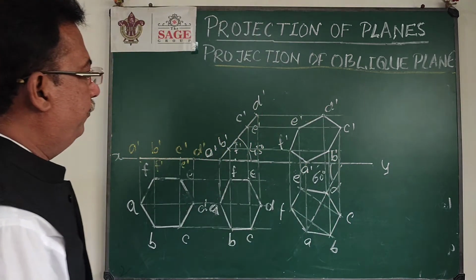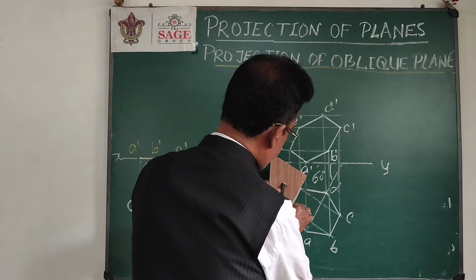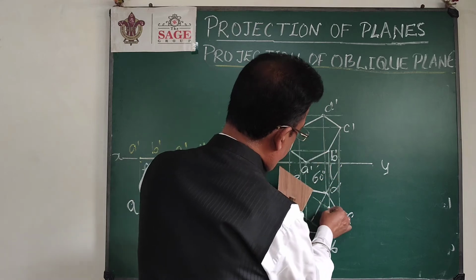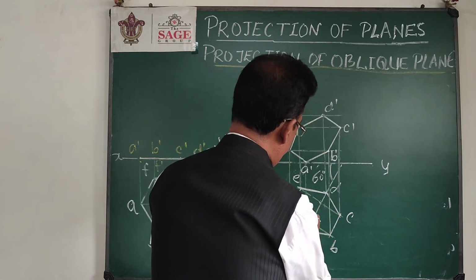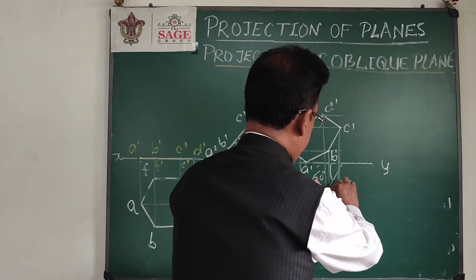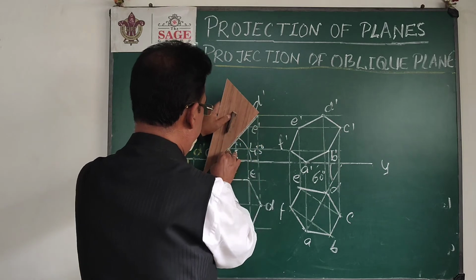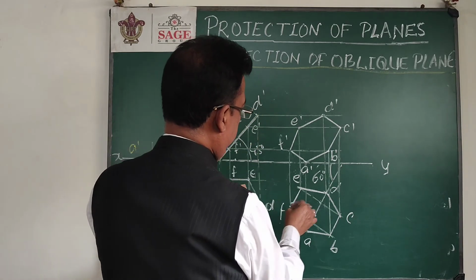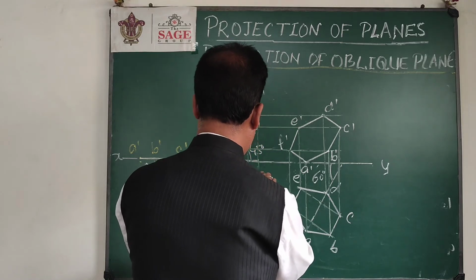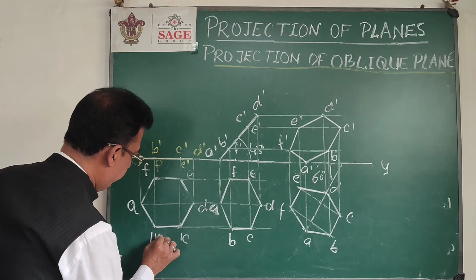So this is the front view of this plane, when the plane has one of its corners on the HP with the surface inclined to HP, and one of the diagonals through the corner which is on the HP is inclined to VP by 60 degrees. This angle will be 60. In the initial figure we will dimension it. The dimension will be 25.